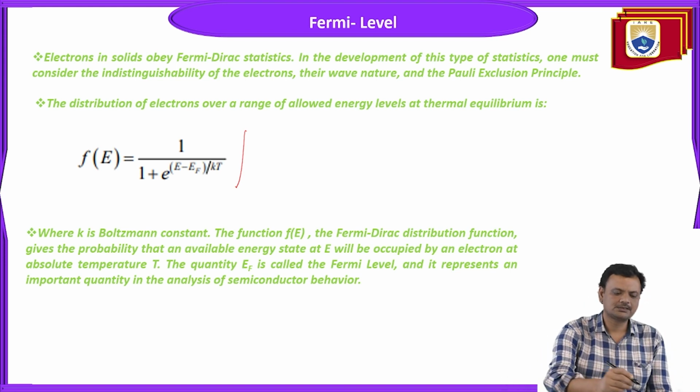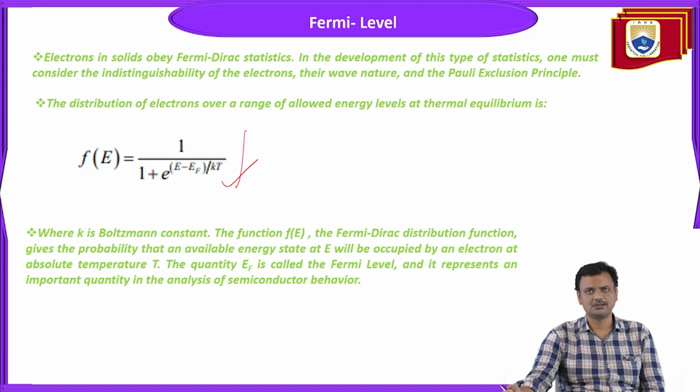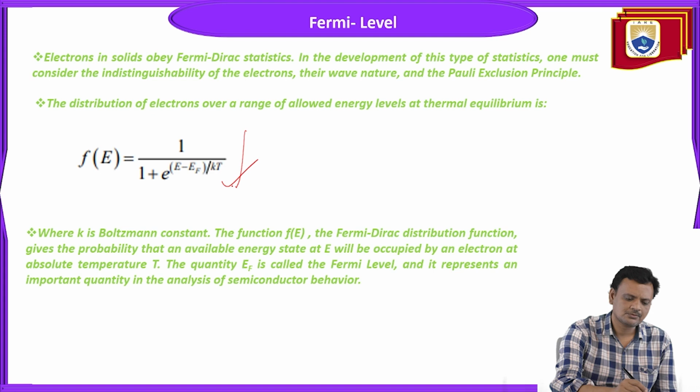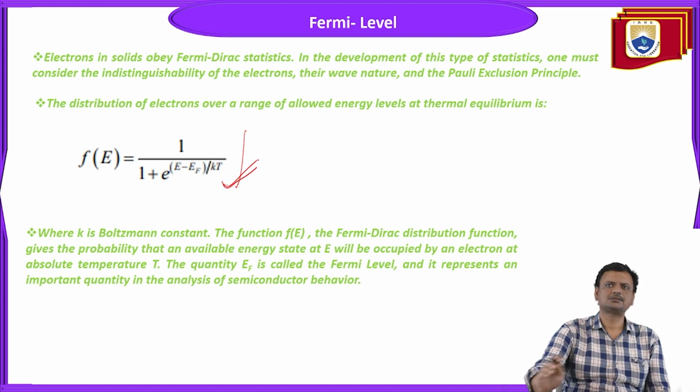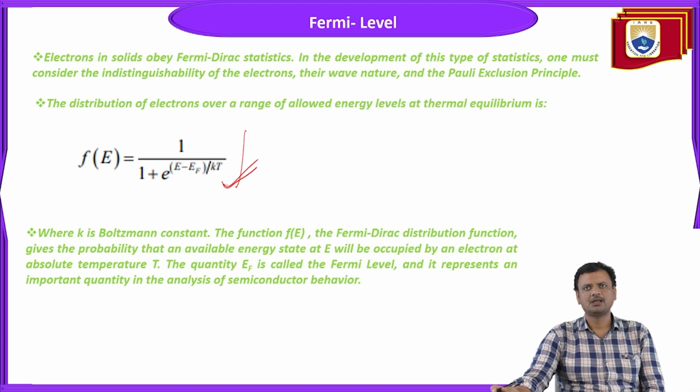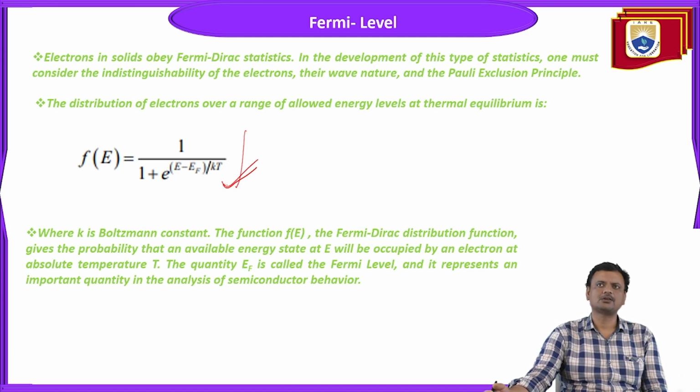So, to obey this law, the electrons, obviously, are indistinguishable particles, and they also follow the Pauli exclusion principle. So, to obey this law, the particles must be indistinguishable and must follow the Pauli exclusion principle or law.